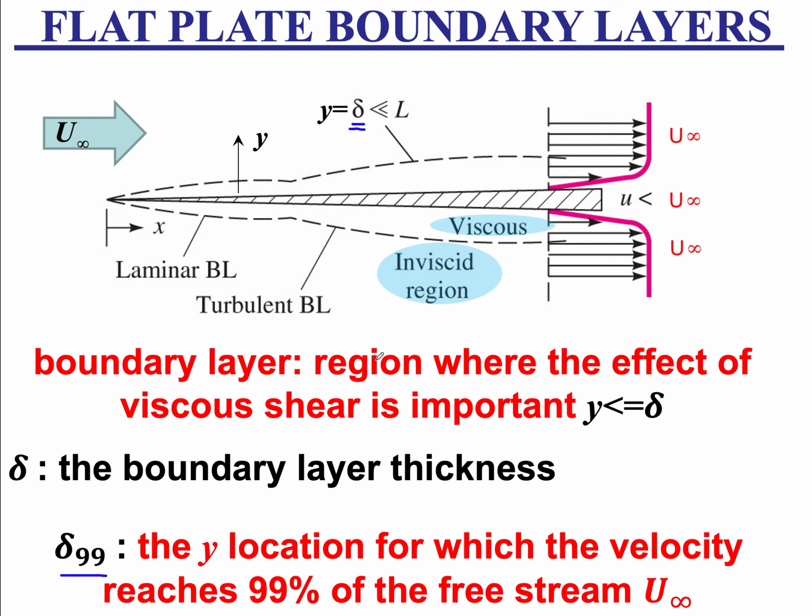If you're looking at the velocity gradient, if this is u infinity, far away from the plate, then the velocity at the boundary layer edge is 0.99 u infinity. So that's called the delta 99, 99% of the u infinity.